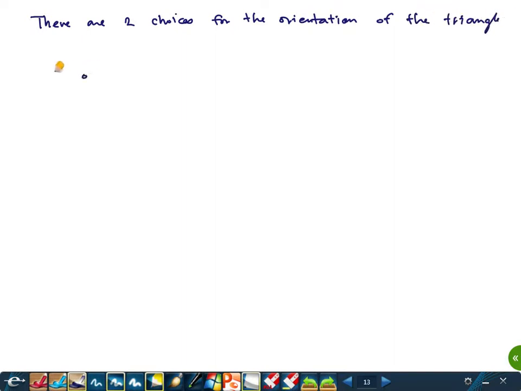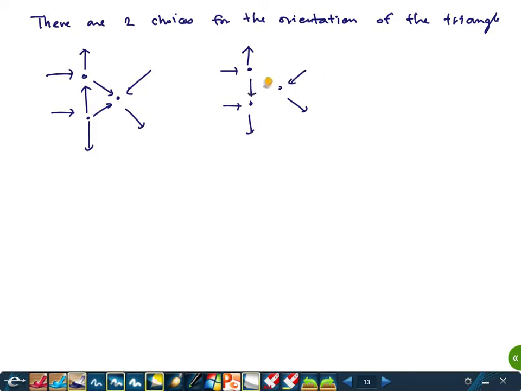So originally we had... I'm just listing these 2 choices. This or this, where the arrows outside the triangle were fixed like that. So you can go either this way or the other way around. You can check that these are all the possibilities. So what is the weight here?